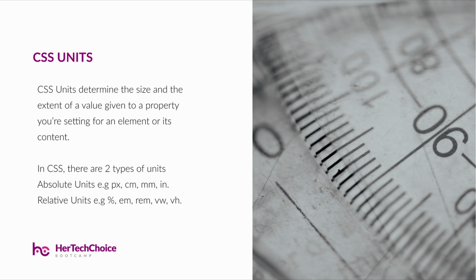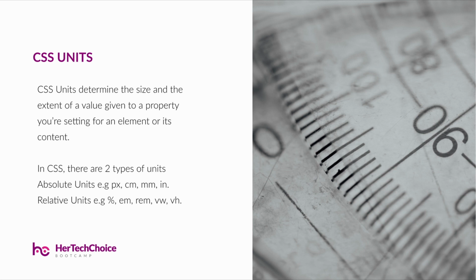Next one is the relative units. The relative units are useful for responsive styling because they scale relative to the parent or window size. Examples of these relative units are ems, rems, percentages, view width, view height, and all. Now, ems are dependent on the font size of a particular element.